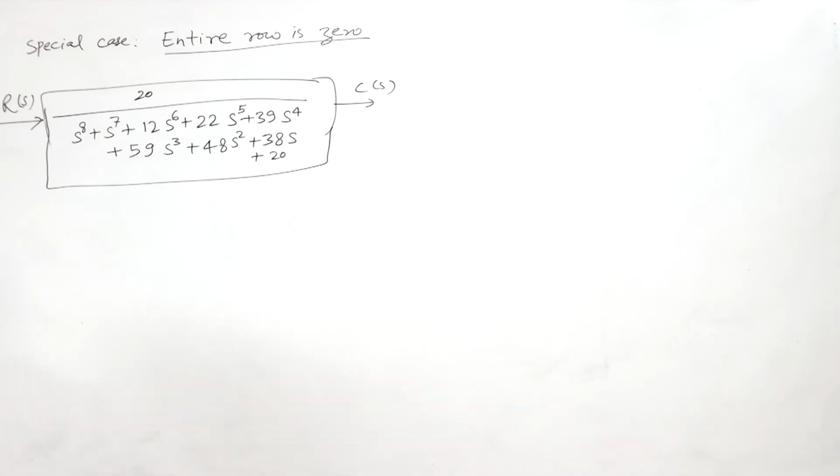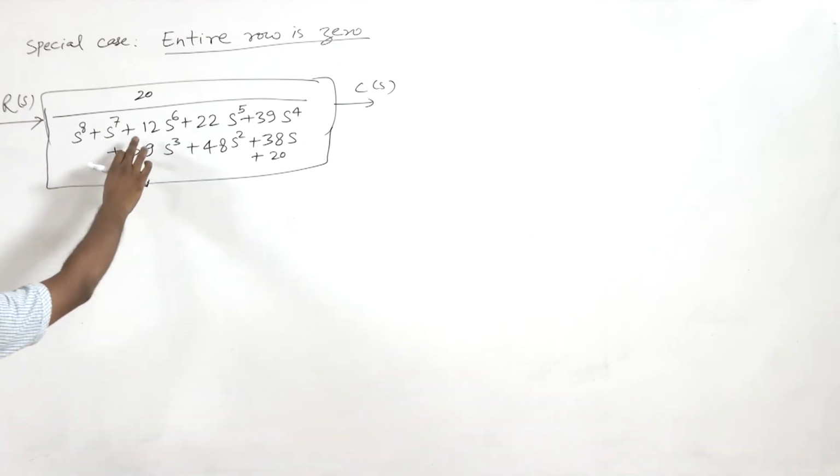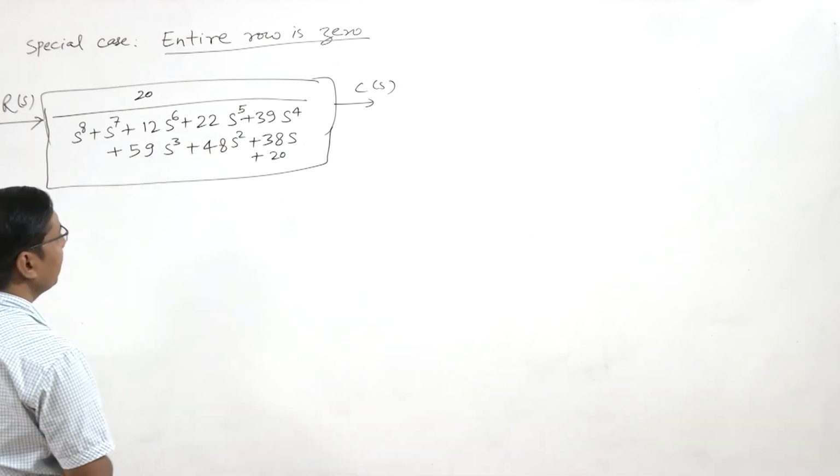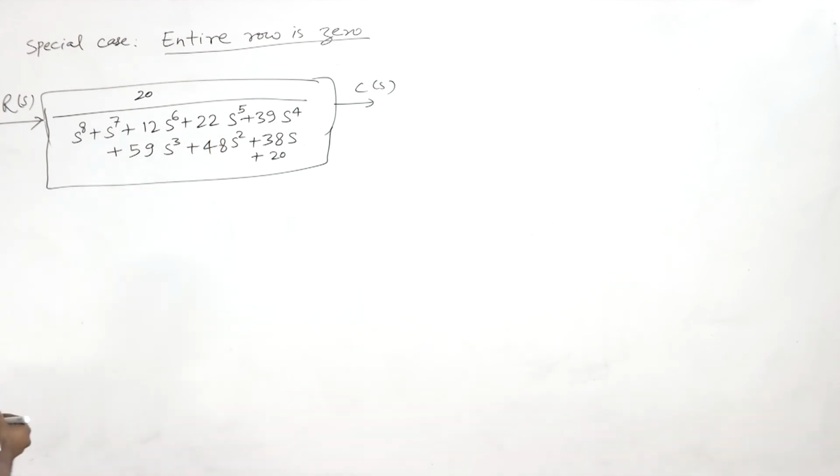So this is the system S8 plus S7 plus 12S6 plus 22S5 plus 39S4 plus 59S cube plus 48S square plus 38S plus 20. Now we create the table.